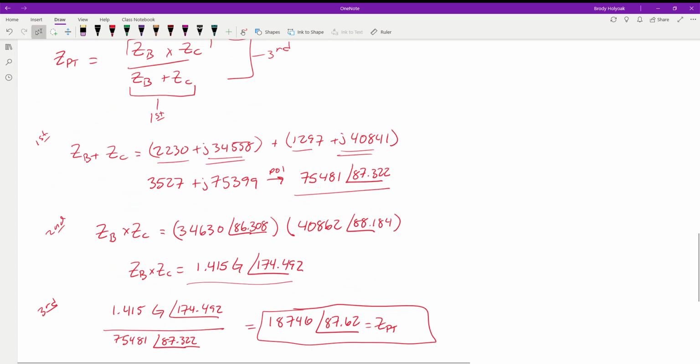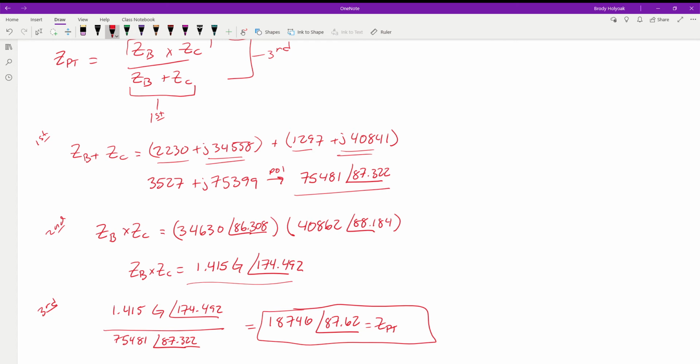So a little bit easier because it only involves one real conversion. And the only conversion we have was right here on our first equation. After we added them together in rectangular, we converted that answer into polar. Now everything's in polar, we can just divide it out. So for this instance, when you have two parallel branches, it makes life a lot easier because you don't have to convert back and forth. But you do have to remember it's product over the sum, and you have to have both the rectangular and polar forms of each of the values.